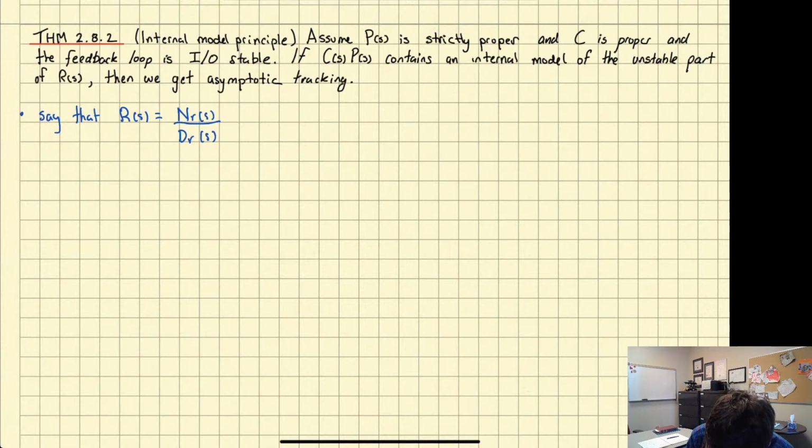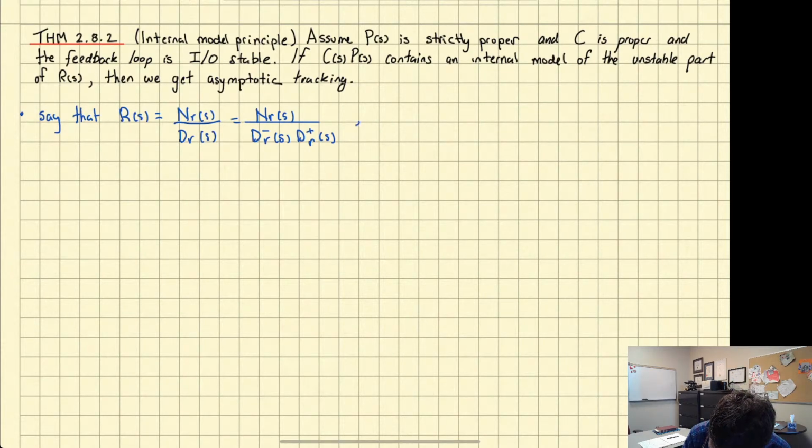So I'm going to factor the denominator into these two polynomials, d minus and d plus.